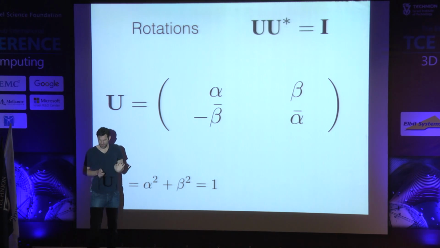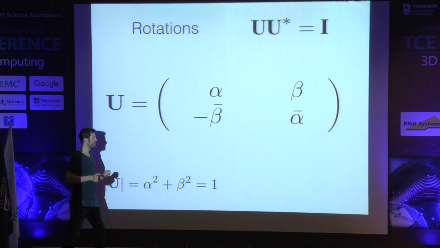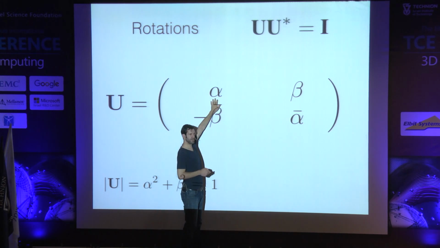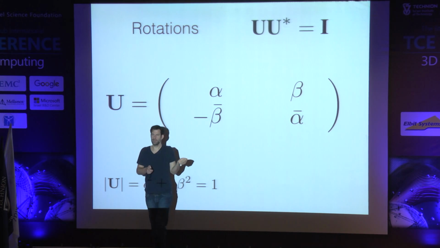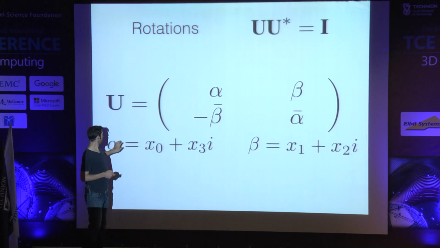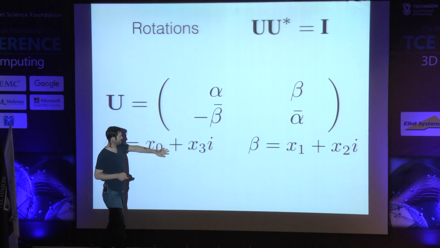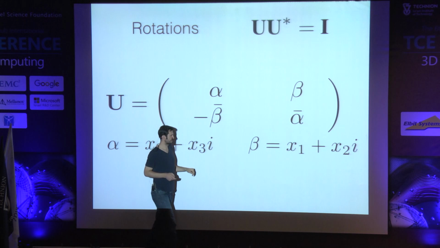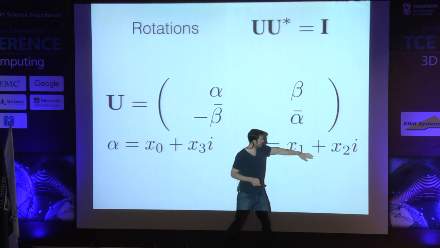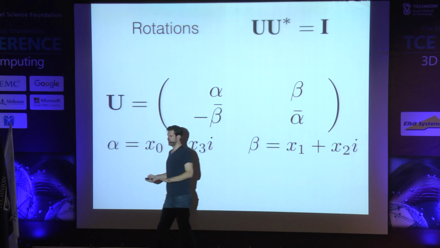Okay, now I'm doing something very simple. I'm just writing out these 2 complex numbers in the standard way, right? I write them as alpha is just, say, x0 plus x3 times imaginary unit, and beta is x1 plus x2 times imaginary unit. Simple, right?